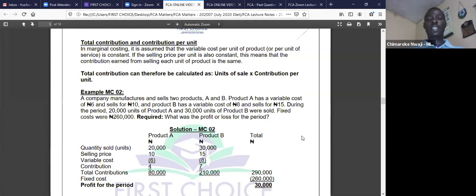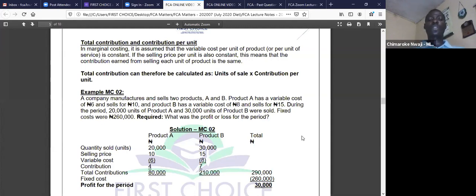The other one is 15 naira. Variable costs, 6 naira from the question, and 8 naira. So when you say selling price per unit minus variable cost per unit, it gives you contribution per unit. So that's 4 naira. The other one is 7 naira.